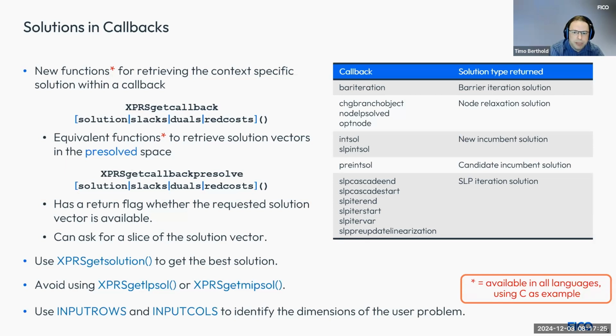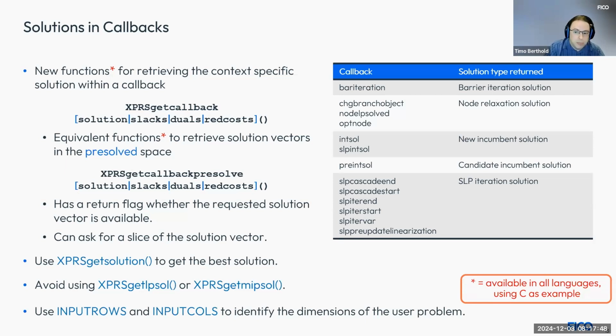So if you take the XPRSgetcallbacksolution function as an example and consider this cheat sheet over here on the right-hand side, what you would understand as a solution really depends on the context of the callback. So is the callback an iteration callback of a continuous solve? Well, then solution refers to the current iteration solution.